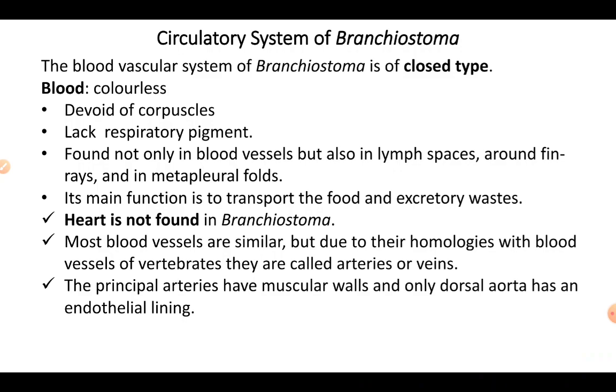Besides blood vessels, blood also occurs in the lymph spaces such as the metapleural folds and the dorsal and the ventral fin. I hope you remember these metapleural folds. They are the lateral extensions of the body wall of Amphioxus, which are fused on the ventral side with the help of a horizontal muscle called epipleur.